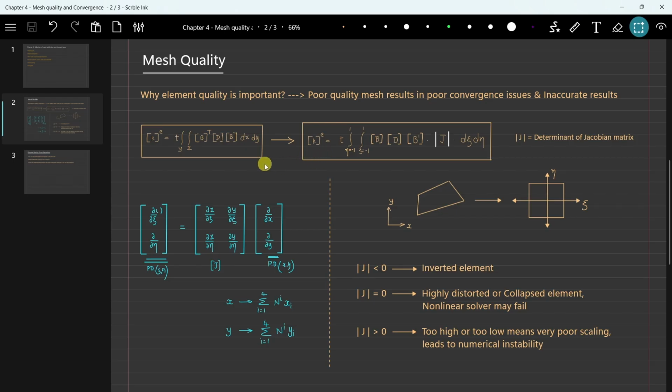So basically, what we are doing is writing the element stiffness matrix from global XY coordinates to local natural coordinates zeta eta, and this mapping is done with something called the Jacobian matrix.